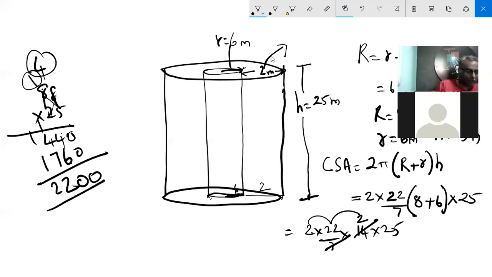So the curved surface area of the hollow cylinder is equal to 2200 meters square.